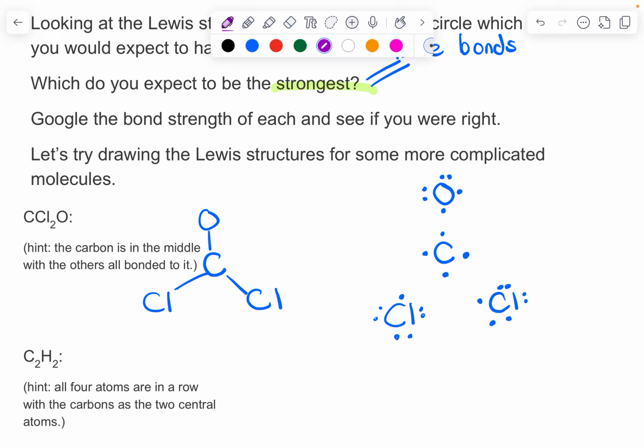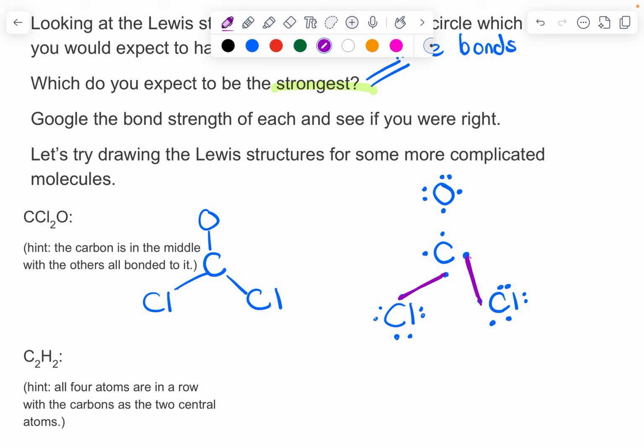Now, remembering our general rules, carbon's probably going to need 4 bonds, chlorine's going to need 1 each, and oxygen's going to need 2. So keeping that in mind, let's start with the chlorines because that's easiest. They need 1 bond, so they're going to share a pair with the carbon so that each of theirs is paired up. So the chlorines' octets are now satisfied.